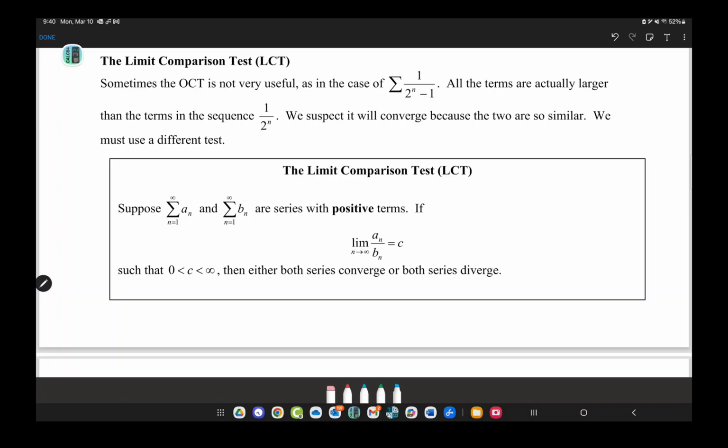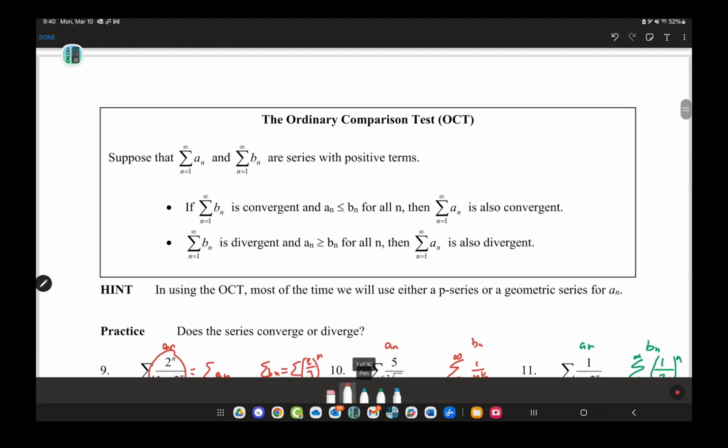Okay, so a to the n is greater than b to the n, but b to the n converges. It doesn't diverge. So it doesn't meet both aspects. If you think of it as having to meet two parts: part one, either A is less than B or A is greater than B. Now, if A is less than B, then AN must also converge.